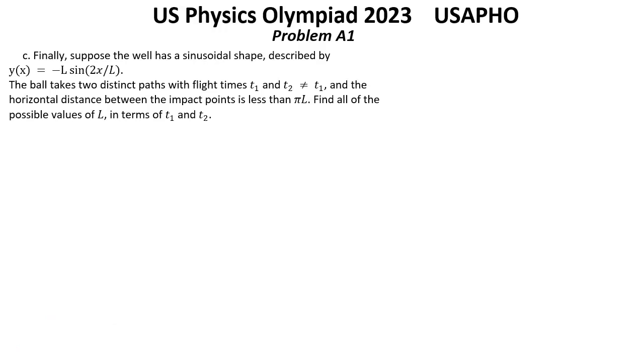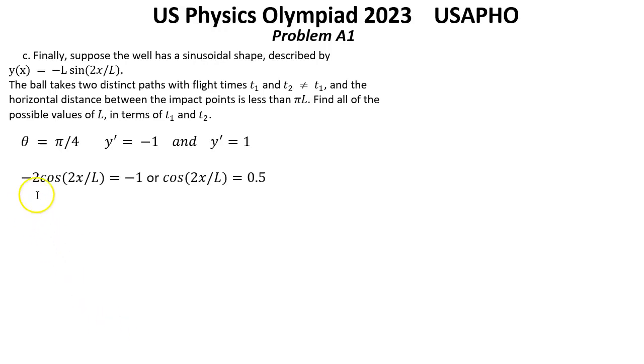Solution. The slope of the wall is theta equal pi over 4 at collision points. So we have at one end first derivative equal negative 1 and at the other end positive 1 on the symmetrical wall. In the first case we have negative 2 cosine 2x over L equal negative 1, or cosine 2x over L equal 0.5.